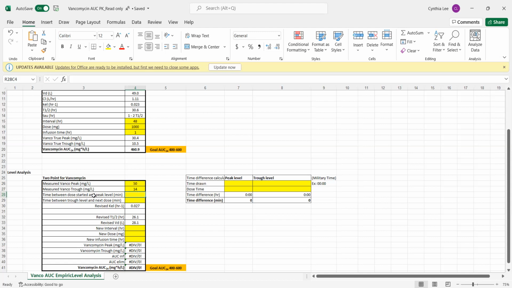So the time between dose started and peak, typically from the end of the infusion to the peak, usually we want to wait for about 2 hours until the vancomycin gets distributed throughout the body, right? For example, if you infuse the vancomycin in your left arm, and then a minute later you get a vancomycin level on your right arm, it's not going to get there in a minute.